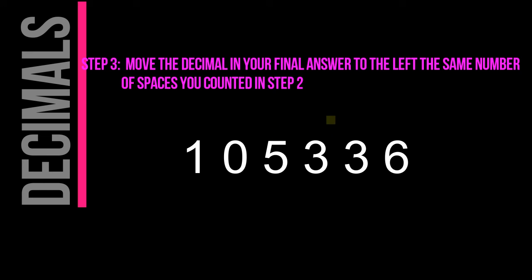Now let's look at the answer we got in step 1. The implied decimal is at the end of the number. Step 2 tells us that we need to move our decimal 3 places to the left. Our answer becomes 105.336.